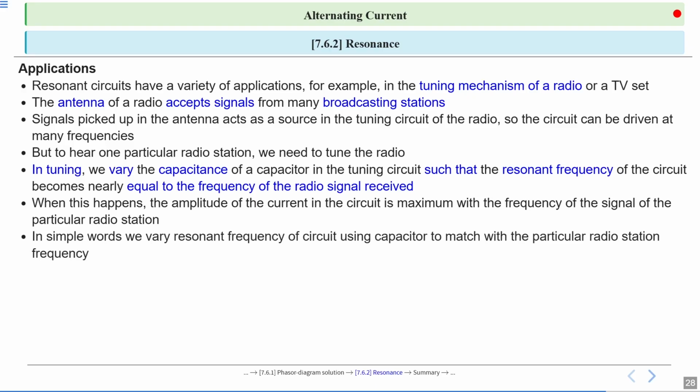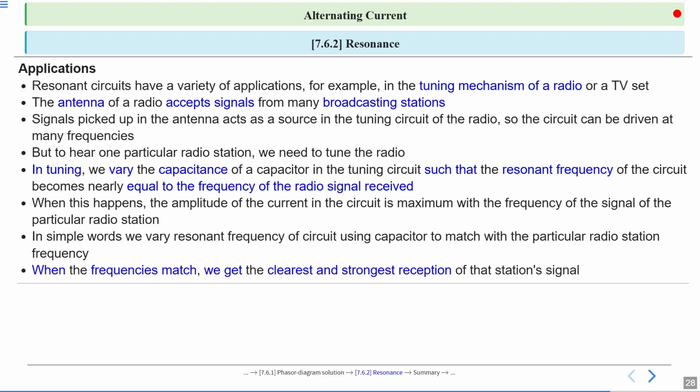In simple words, we vary the resonant frequency of the circuit using the capacitor to match the particular radio station frequency. So we vary the resonant frequency by changing the capacitance, so that the resonant condition happens and the current becomes maximum, and we tune that channel.